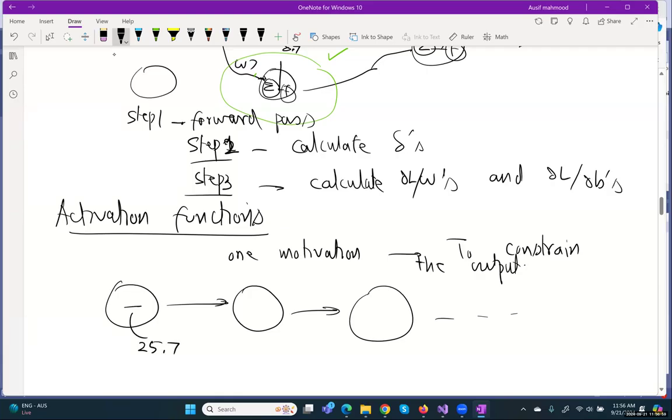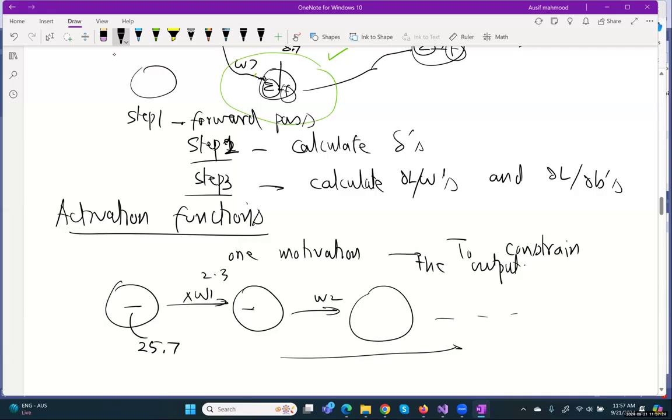Then it will get multiplied by a weight, then we'll go to the second neuron, then multiplied by another weight. What if the weight is 2.3? Remember, in the beginning we initialized them randomly. So now it becomes close to 80 or whatever the number is.